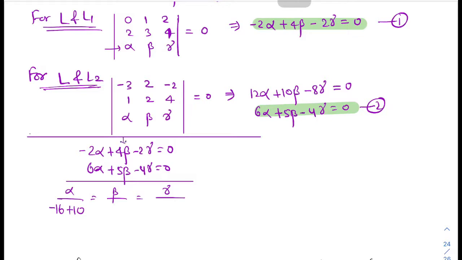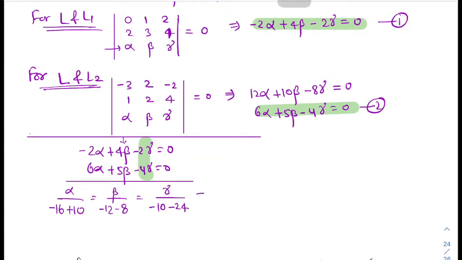By eliminating the beta term we get minus 12 minus 8, and by eliminating the gamma term we will get minus 10 minus 24.